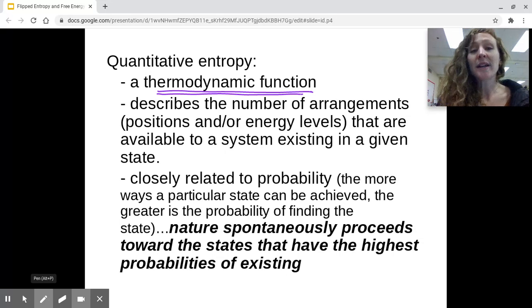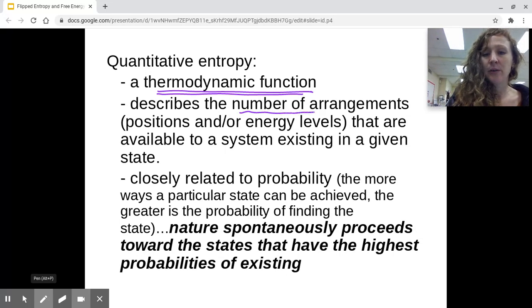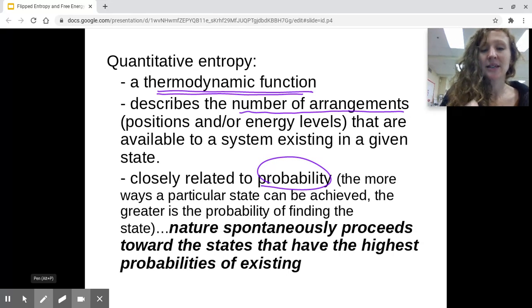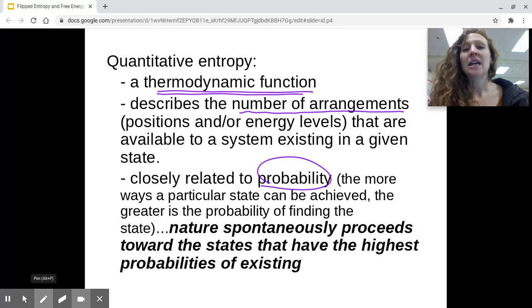And so quantitatively, what entropy is describing is the number of arrangements that are available to a system. It's very closely related to probability. You can think back to that deck of cards, right? If we think of the deck of cards being perfectly ordered by suit and also by increasing value, that's one possible way to order a deck of cards.